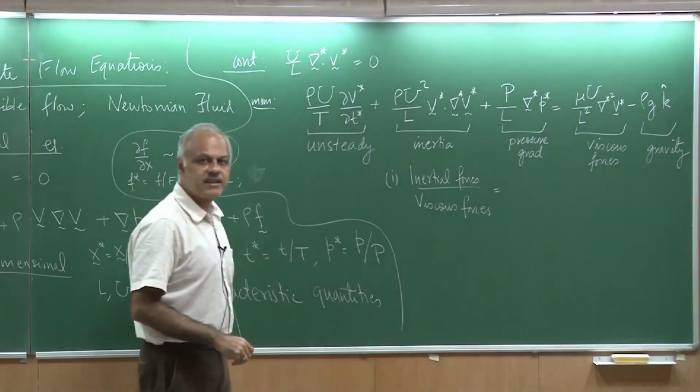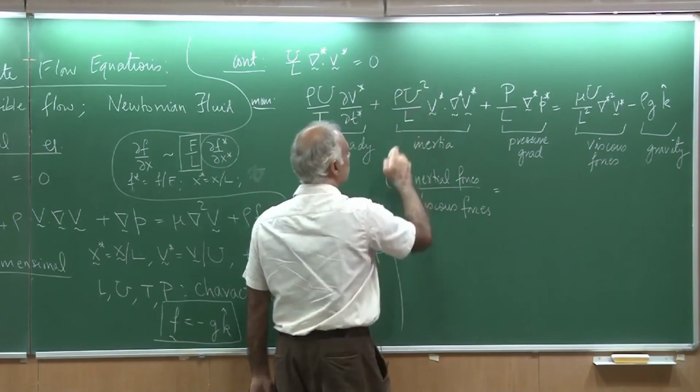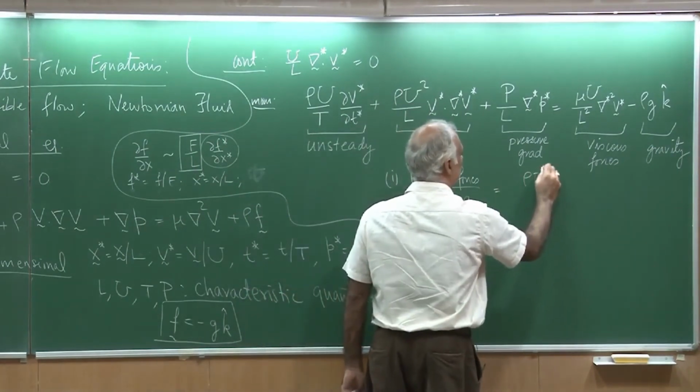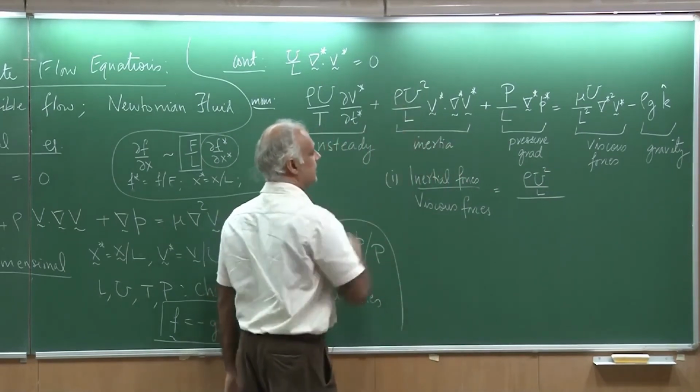How do I estimate the ratio of those? Well, inertial forces are of the order of rho u square by L, simply this coefficient.